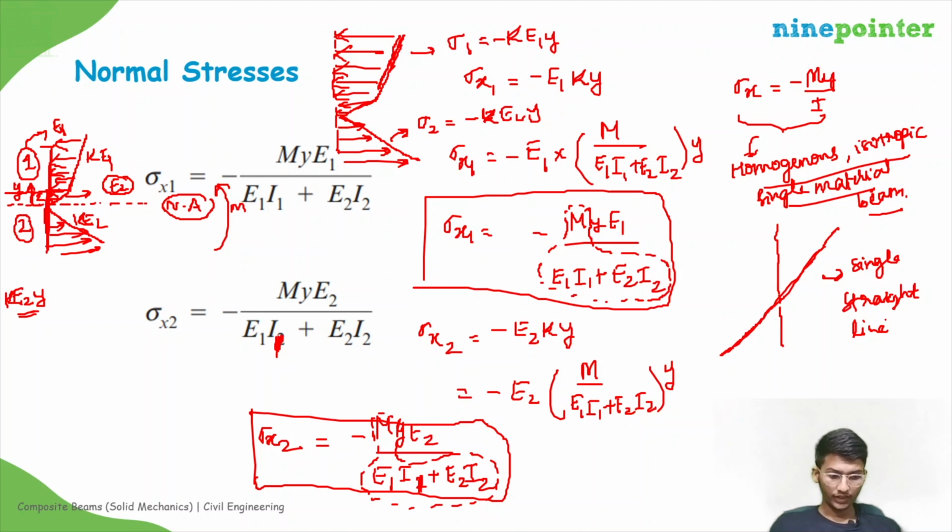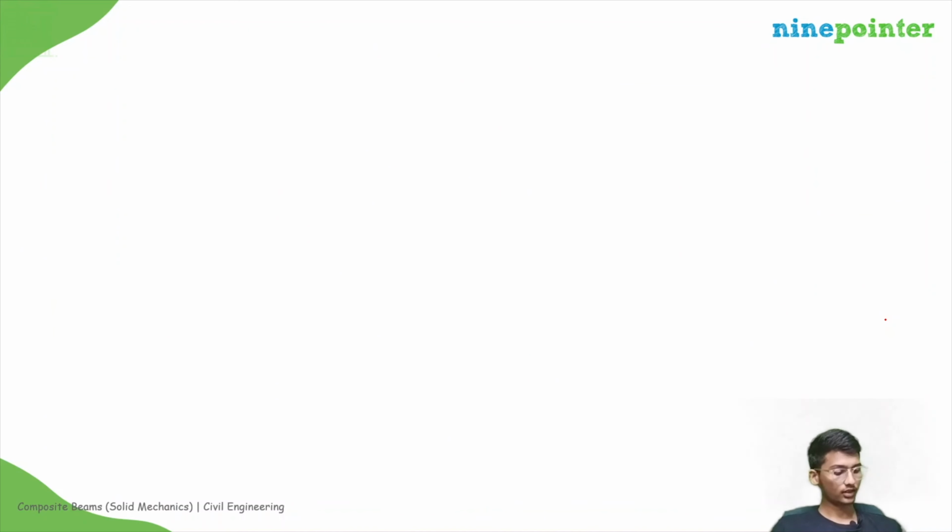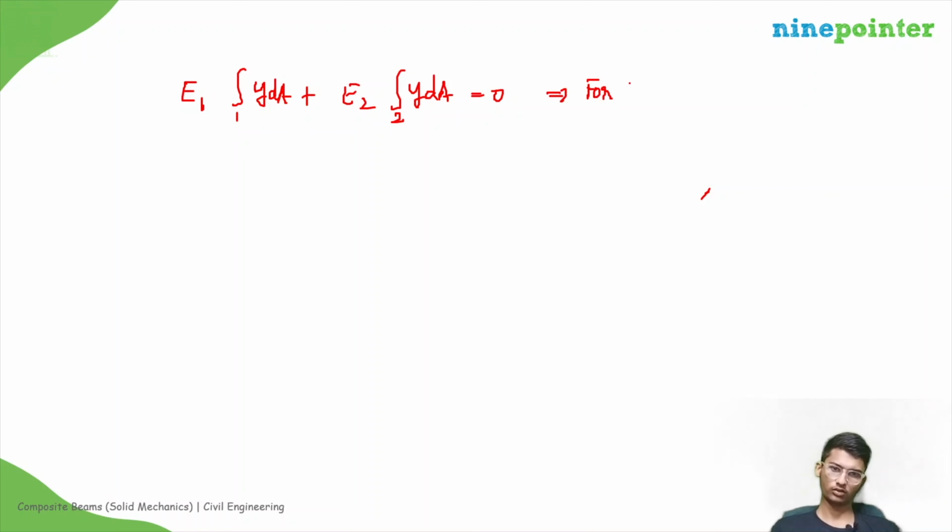So with this, what are the important formulas? First, we need to find out the neutral axis. The neutral axis can be found from E1 integral over area 1 of y dA plus E2 integral over area 2 of y dA is equal to 0, for the neutral axis. After that, we need to find out kappa.